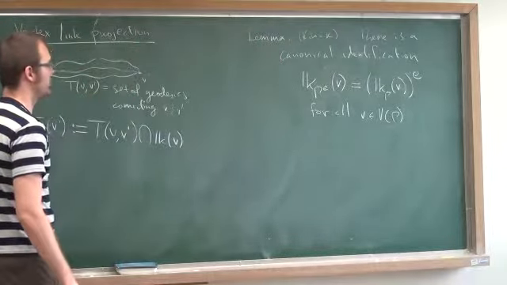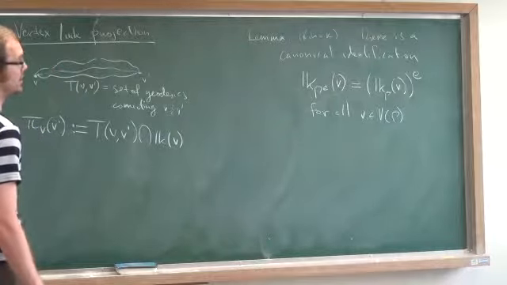So taking an extension graph commutes with taking links in some sense.